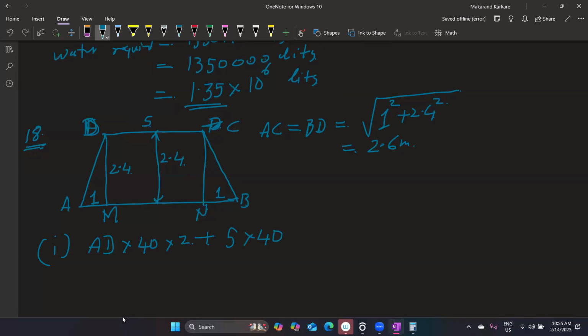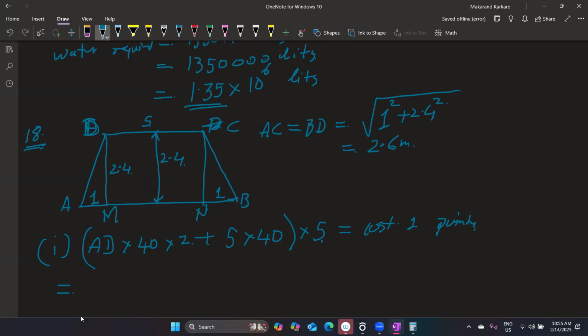Does that make sense? And what is the cost per meter of painting? 5 per meter square. That's going to be the cost of painting.